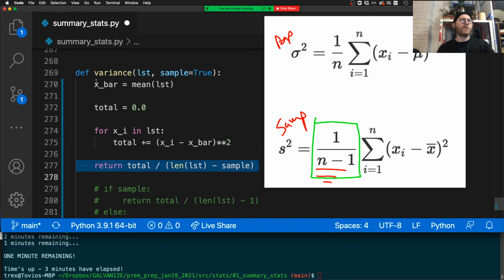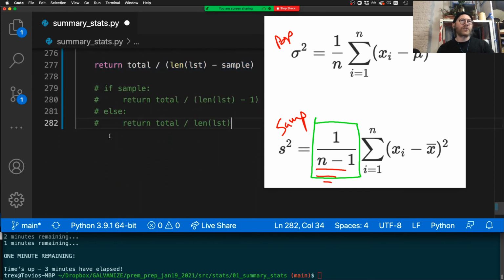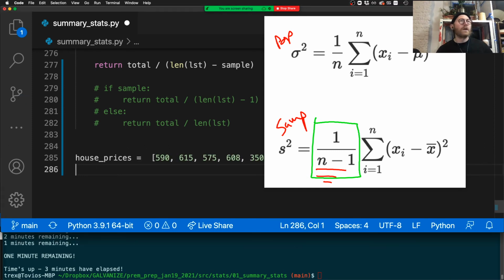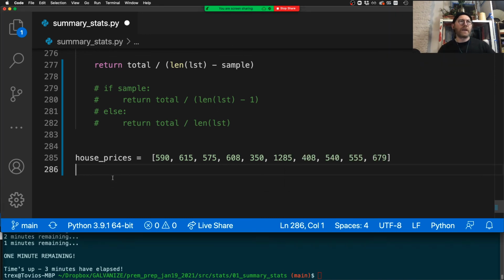And why don't I just call this function? I'm going to call this on the house prices because we continue to see those, and I think they have some helpful tidbits in there. I'll close that out while I'm at it.